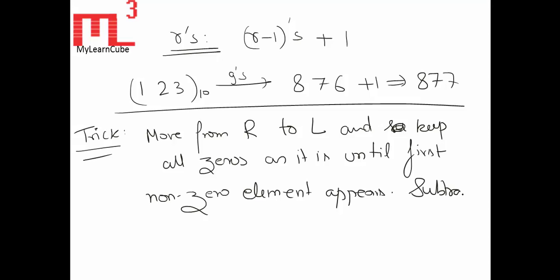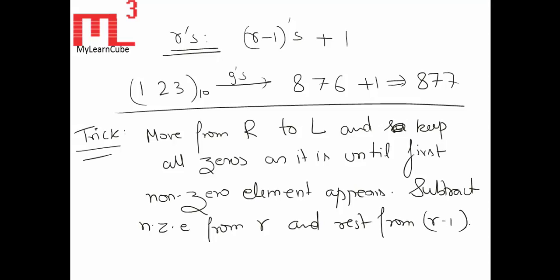Subtract that non-zero element from R and the rest from R minus 1. Though this statement seems complex, it is actually very easy, and it will increase your speed manifold in solving complement questions.